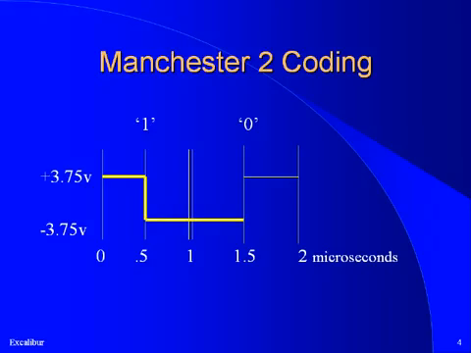The next bit is a 0 bit, so the signal continues at minus 3.75 volts until the middle of the bit, where it rises to plus 3.75 volts and remains there for the remainder of the bit time. Sync signals look similar, except that the midpoint comes after 1.5 microseconds rather than after half a microsecond.